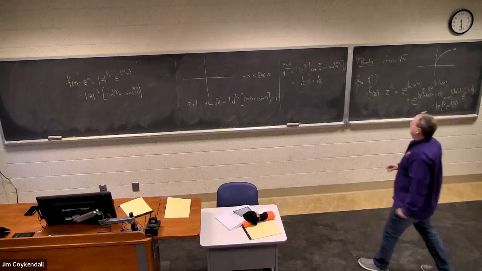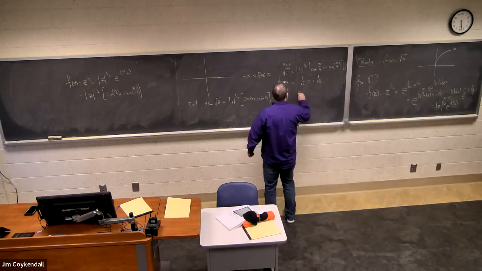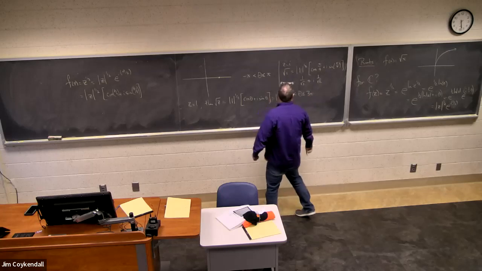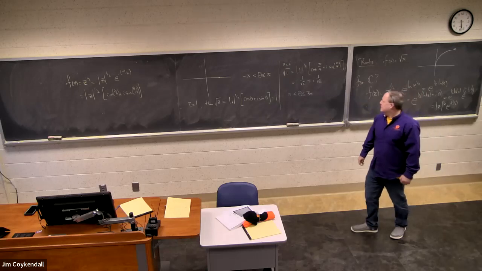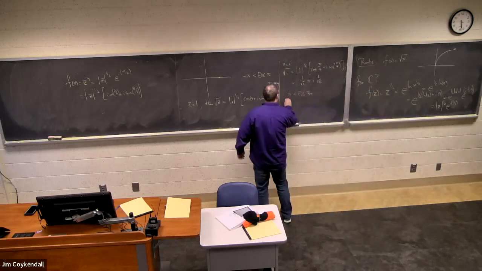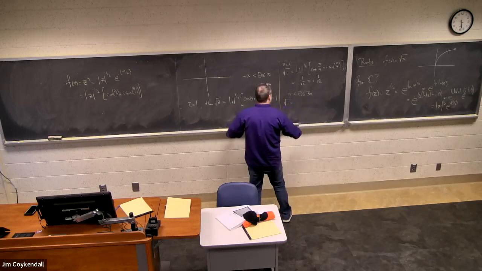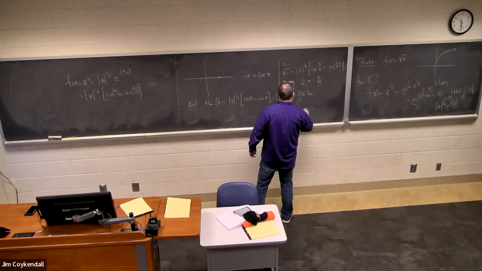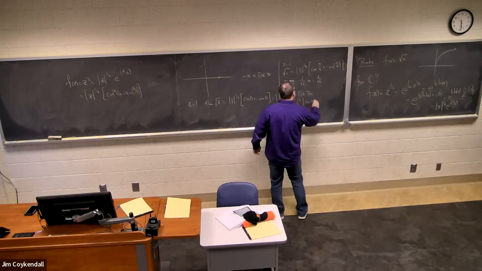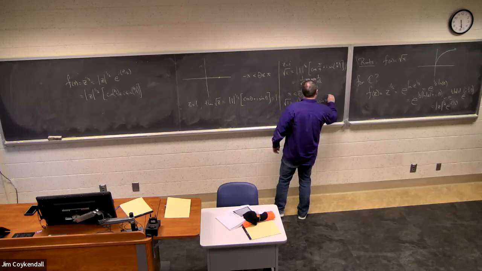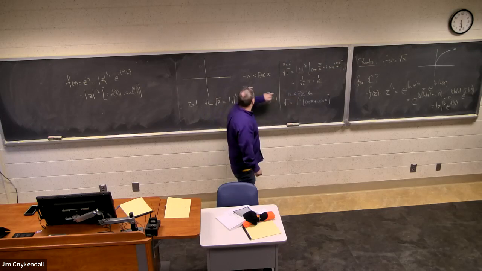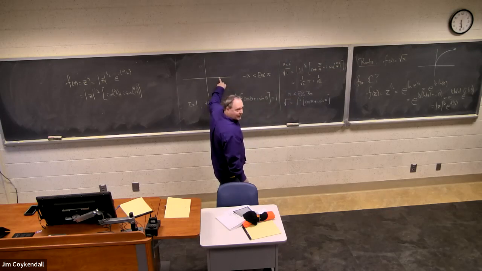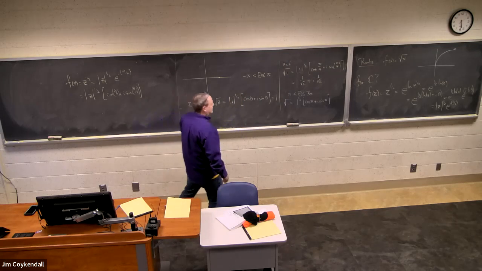But what if we had theta between minus pi and 3 pi? Now the square root of 1 is equal to 1 to the half times cosine pi plus i sine pi, because now the measured angle of 1 is actually 2 pi, and I've got to cut that in half.